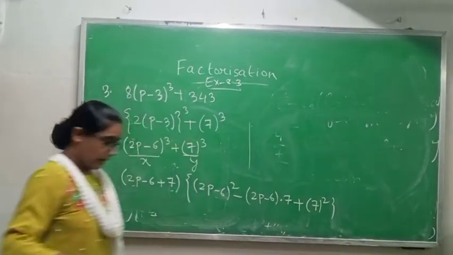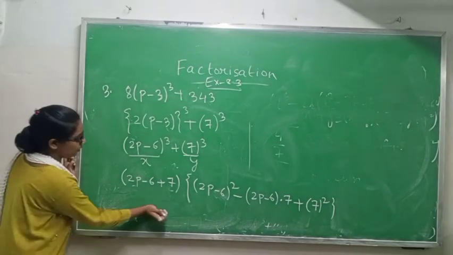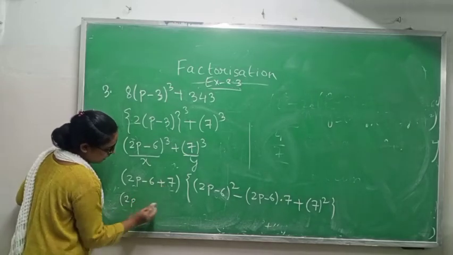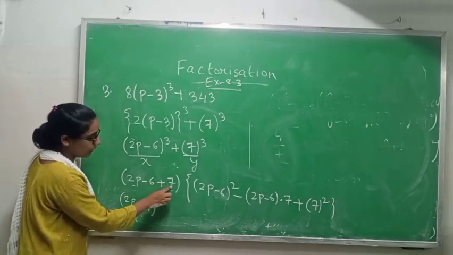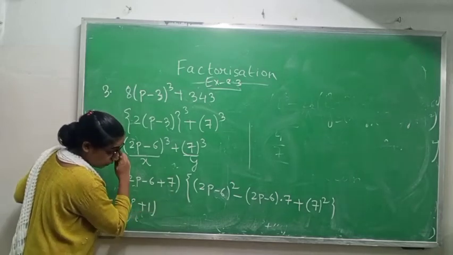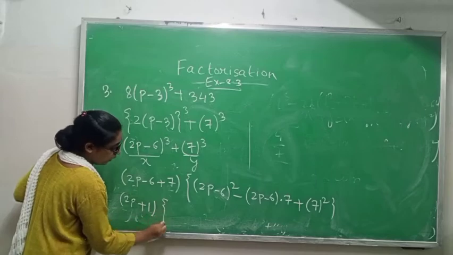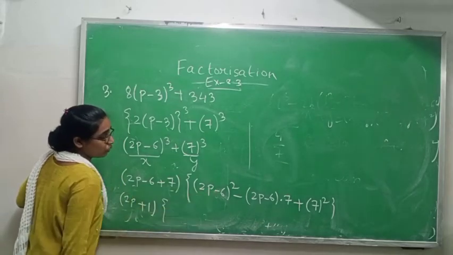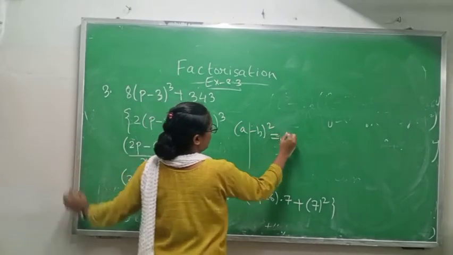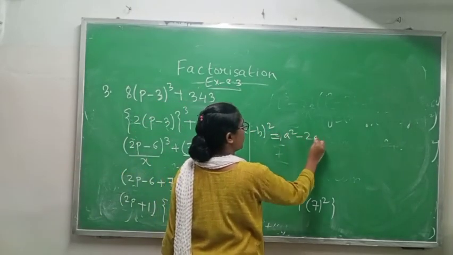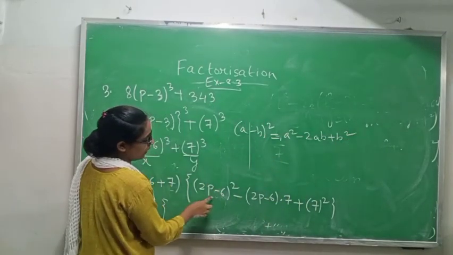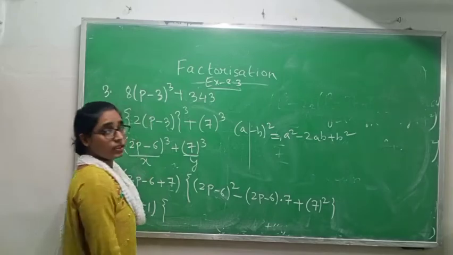Now after this you can solve this one if it is possible to solve. 2p minus 6 plus 7, minus plus minus, so plus 1 you will get because 7 is greater. Okay, with 7 we have plus sign, so that is why I am giving. Now this one you have to solve it into formula a minus b whole square. Formula is a minus b whole square formula, a square minus 2ab plus b square. Why? Because we have a minus b. Here a is 2p and b is 6.